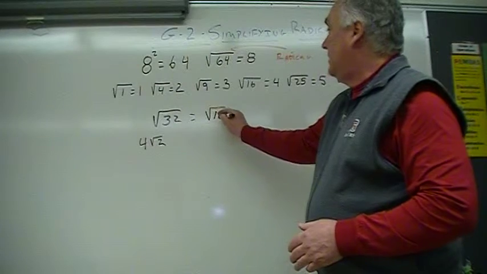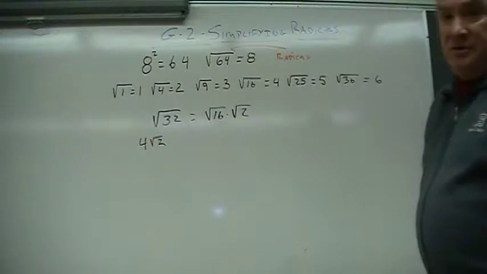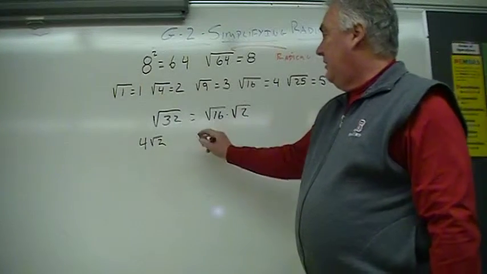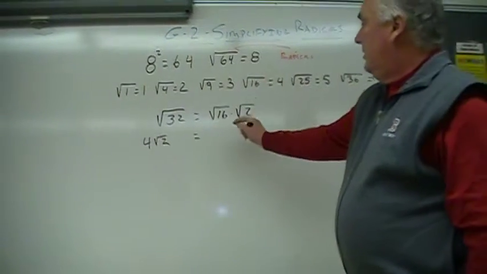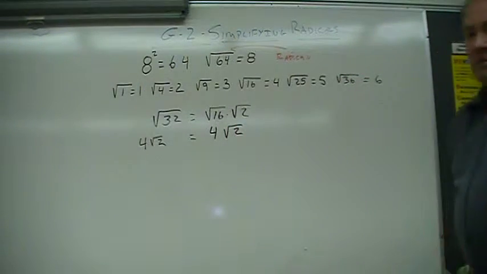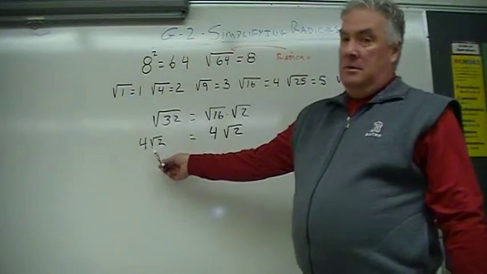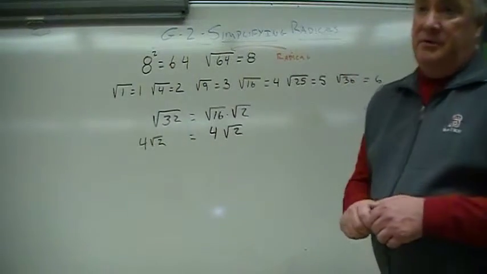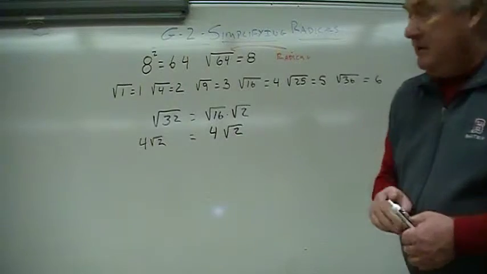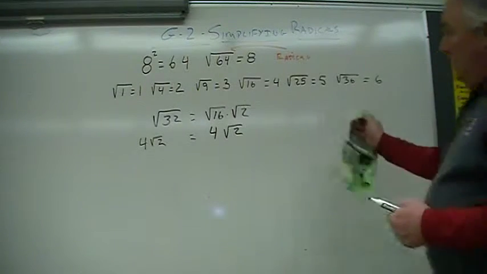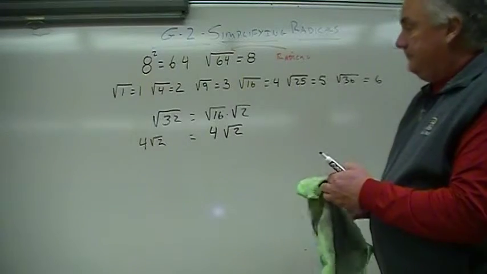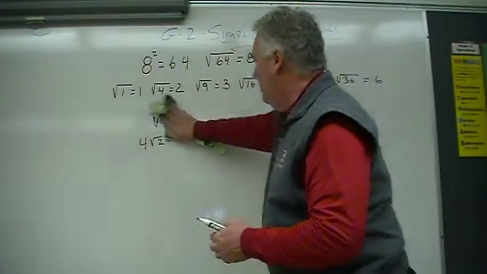The square root of 16 times the square root of 2. 2 times 16 is 32. What's the square root of 16? 4 times the square root of 2. So you got the same answer, although this is a much more efficient way to do it. So hopefully you can recognize those shortcuts, or the larger of the numbers that go in, the factors.